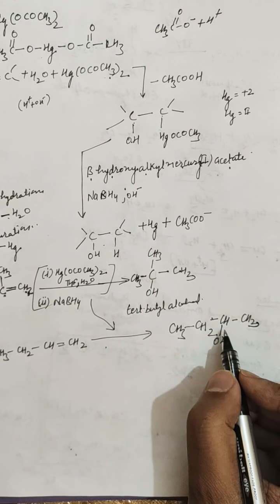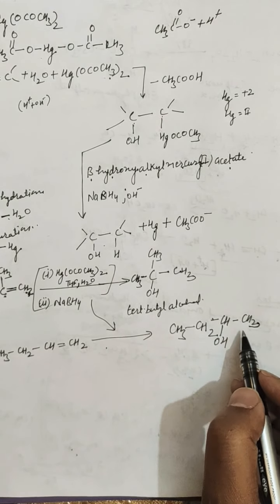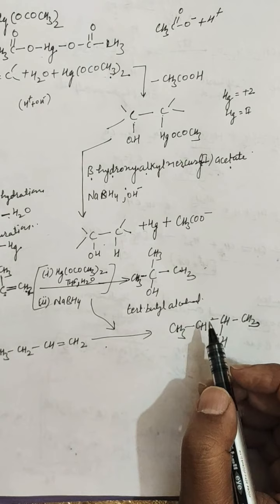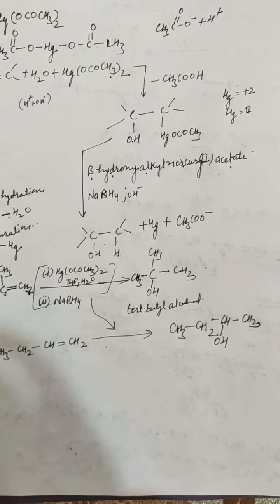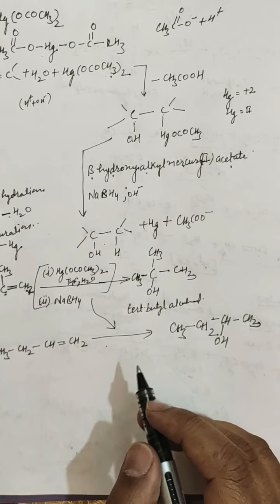So what is this? It is butane. What is the name of the product? 1, 2, 3, 4, butan-2-ol. So it is very easy to understand what we mean by the oxymercuration and demercuration reaction. So this is butan-2-ol.